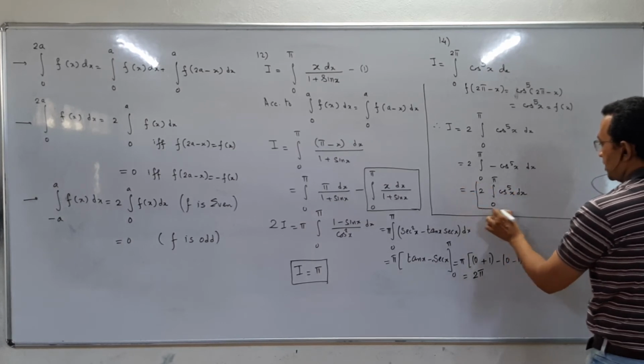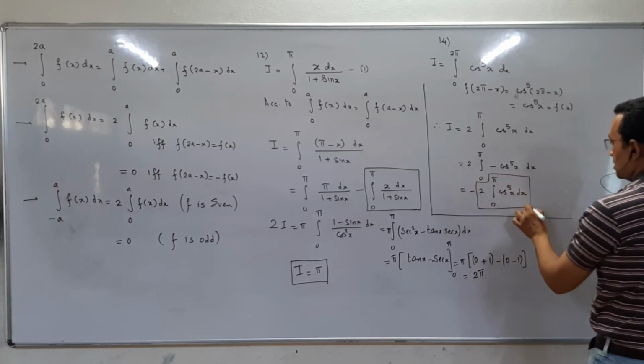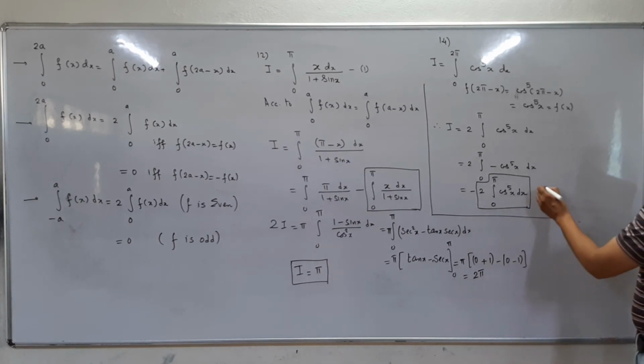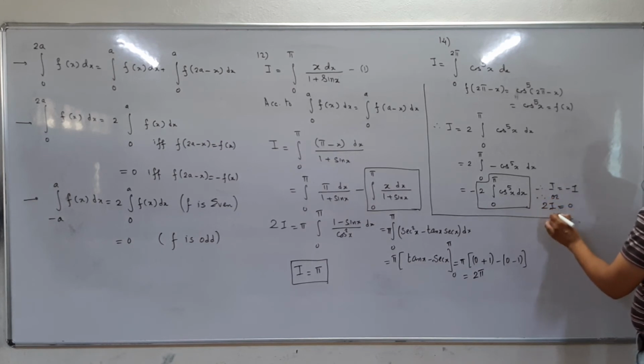So this becomes actually I. So I is equal to minus I. Don't cancel I and I. Or twice I is equal to 0. So the answer of I is 0.